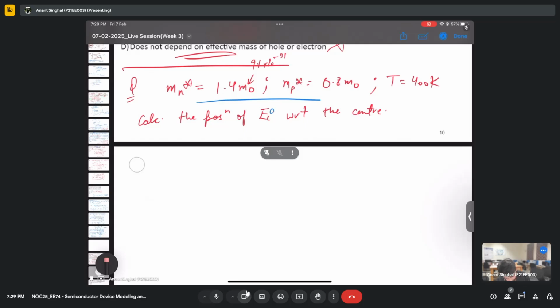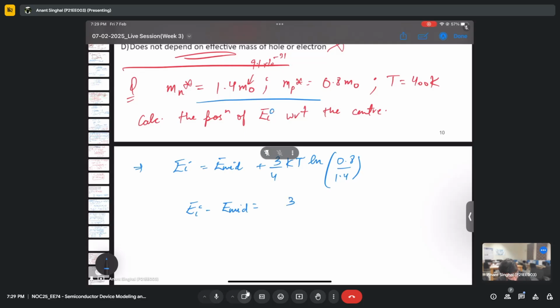Okay, let me do it. No problem. So EI is equal to E mid plus 3 by 4 kT times ln of 0.8 by 1.4. So we need to find EI minus E mid. Since it will be slightly below, it will be something negative.